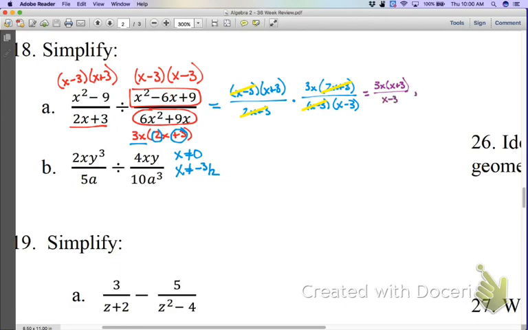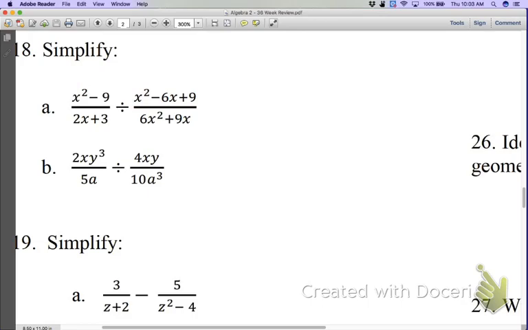Do not forget the restrictions. With the restrictions, x couldn't be 0, x couldn't be negative 3 halves. Now with the x minus 3 on the bottom, what can x not be? A positive 3.